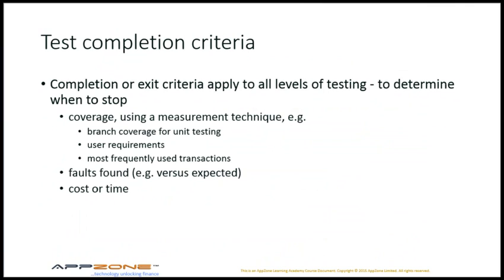Completion and exit criteria apply to all levels of testing to determine when to stop. And in this case, we are talking about coverage using a measurement technique. And what are these measurements you are going to use? Branch coverage for unit testing. Have you covered all areas of user requirements, as in the requirement specification, the SRS or BRD or whatever name it may be called?